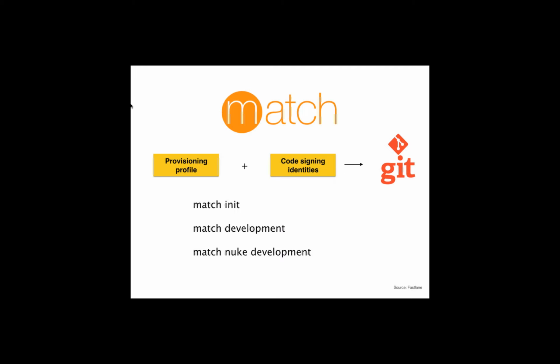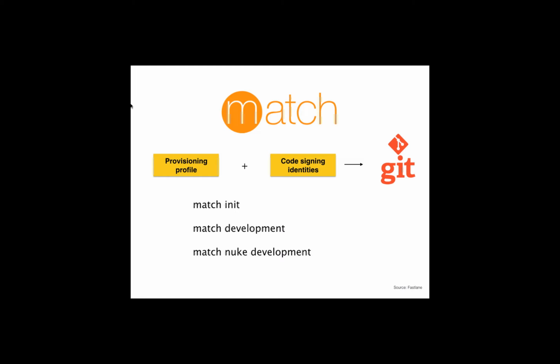Whenever you add a device, or whenever you have a new developer on your team, the provisioning profile can be updated through simple commands and pushed to Git. The other team members can just pull from the Git repository and update their provisioning profile on their local machines.